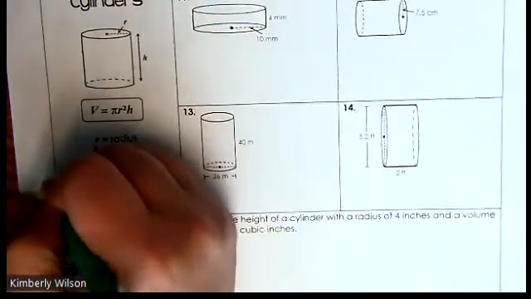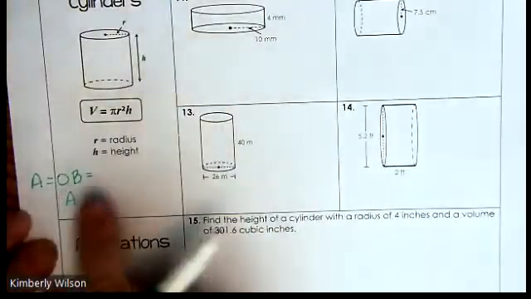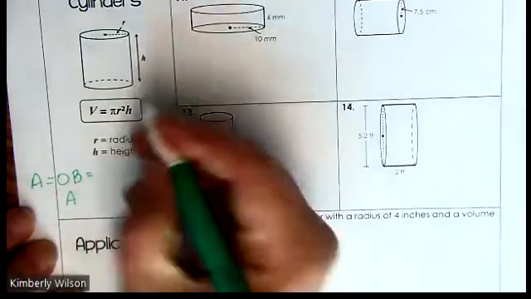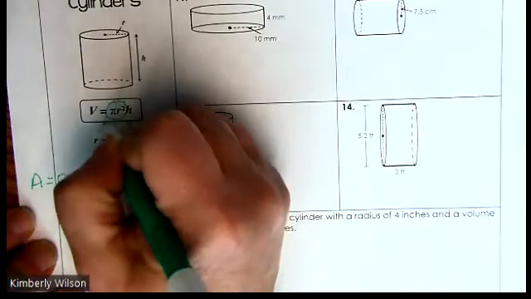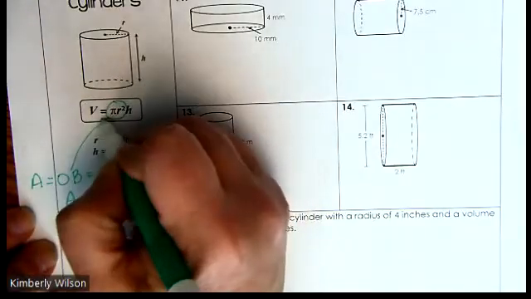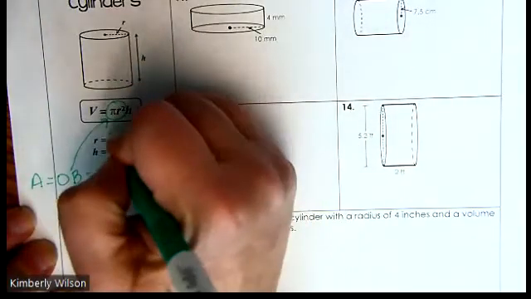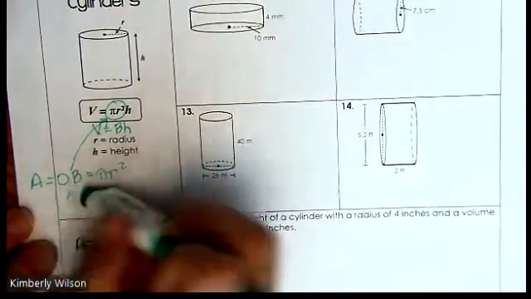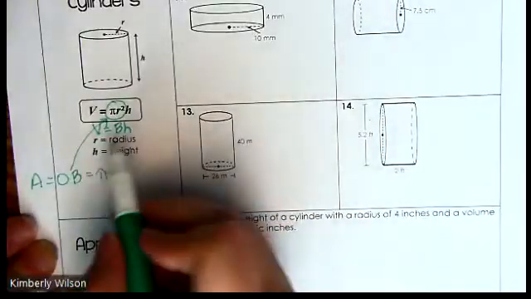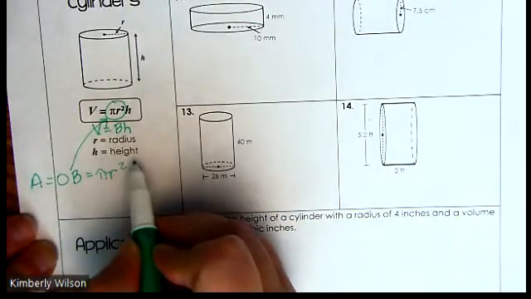The area of a circle is pi r squared. Oh, hey, that happens to be this portion of the formula. So it is still the same formula, capital B times H. You just have to remember that R stands for the radius and H stands for the height.